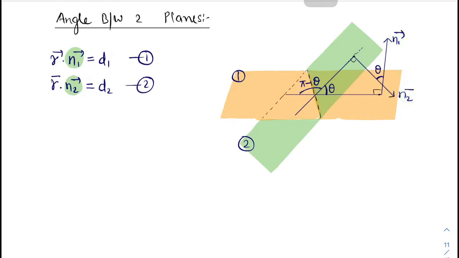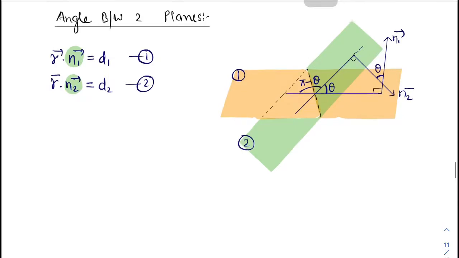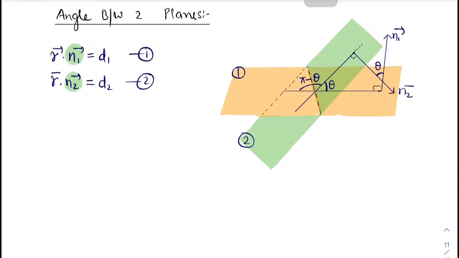Okay, you can draw some analogy with 2D. If I say this is line 1, this is line 2, and the angle between line 1 and 2 is, let us consider, theta.